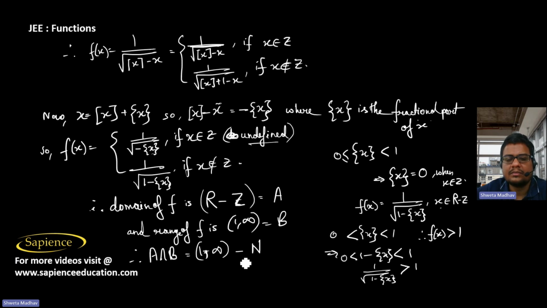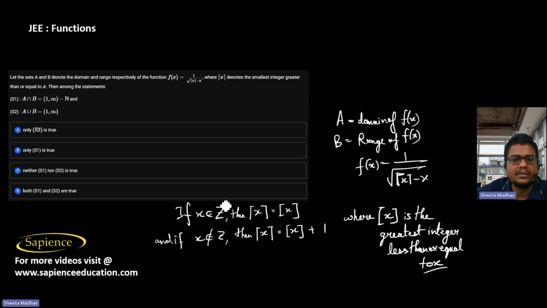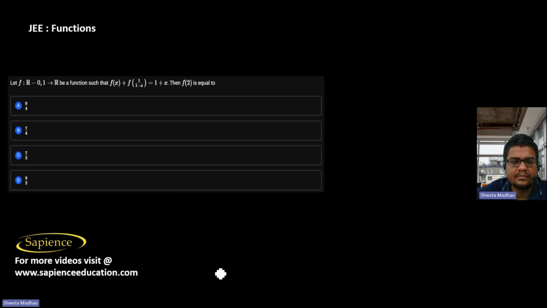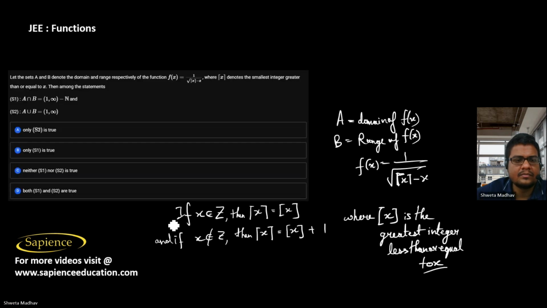So 1 to infinity minus N will be the set A intersection B. So S1 is true, only S1 is true, and S2 is false. So option B is the correct answer.